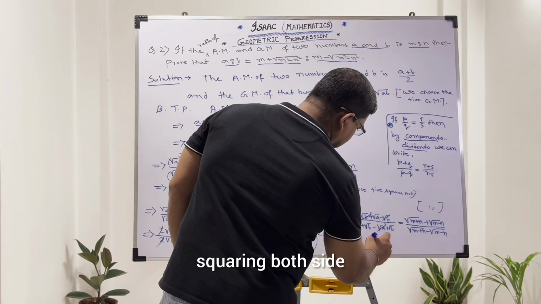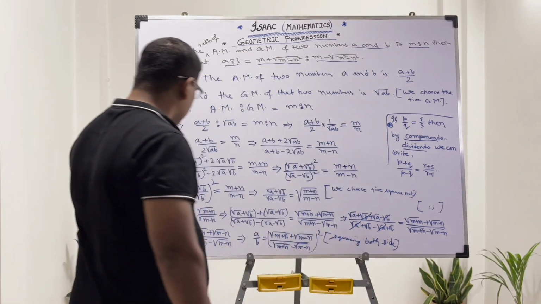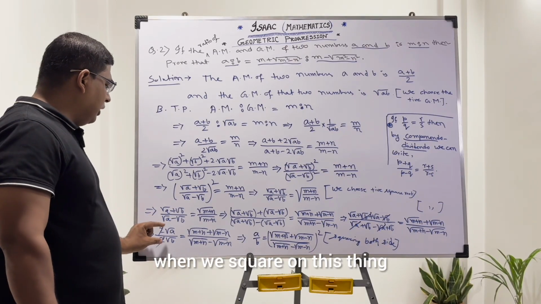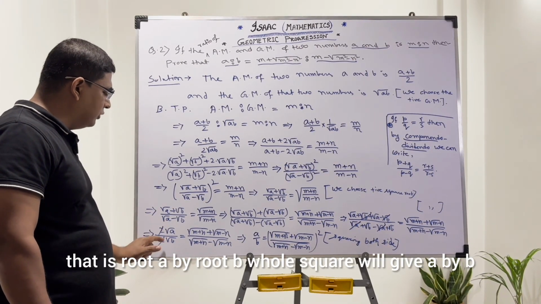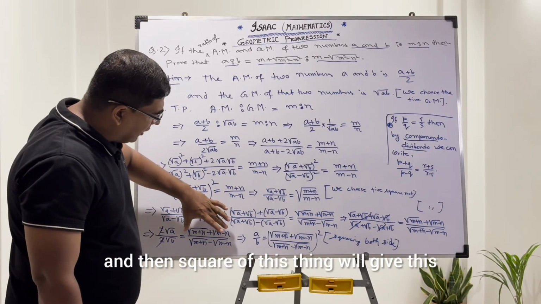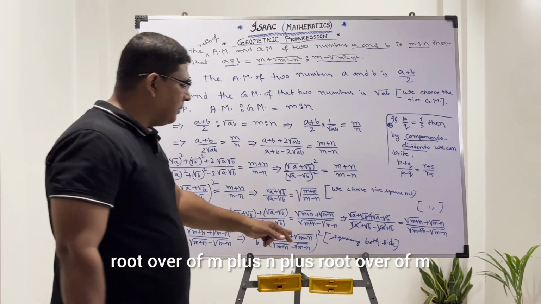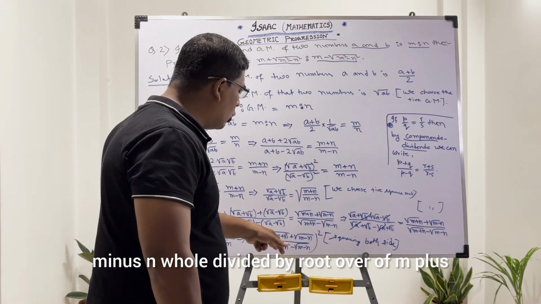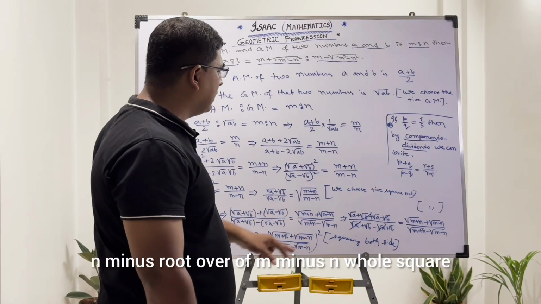Squaring both sides, when we square root a by root b whole square, it will give a by b, and the square of the other side will give (root of (m plus n) plus root of (m minus n)) whole divided by (root of (m plus n) minus root of (m minus n)) whole square.